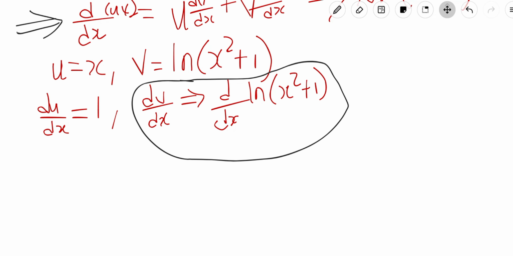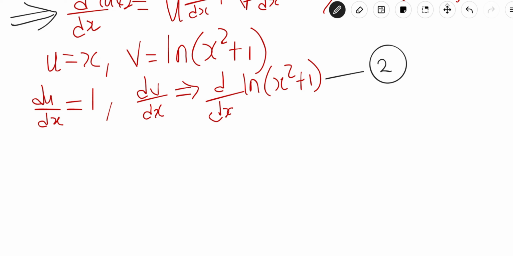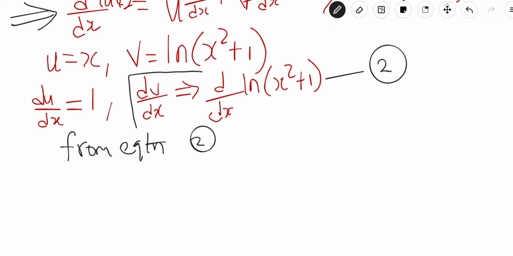Permit me to call this equation 2. In equation 2, let u equal x squared plus 1.